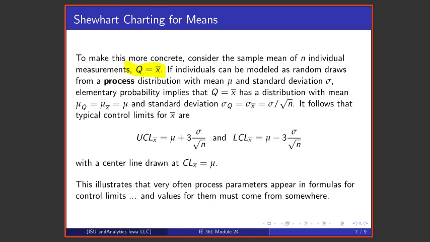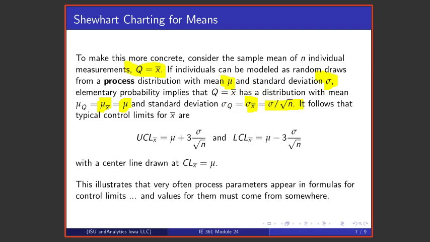If the individuals being averaged can be thought of as random draws from a process distribution that has mean mu and standard deviation sigma, then basic elementary probability says that X bar has a distribution with a mean that is actually the process mean, and a standard deviation that is the process standard deviation over the square root of the sample size.